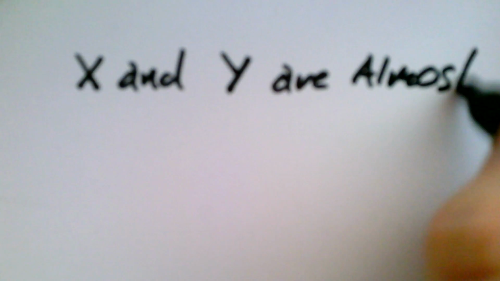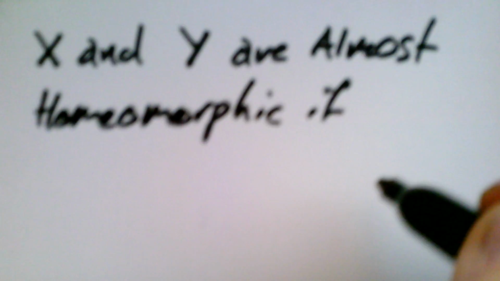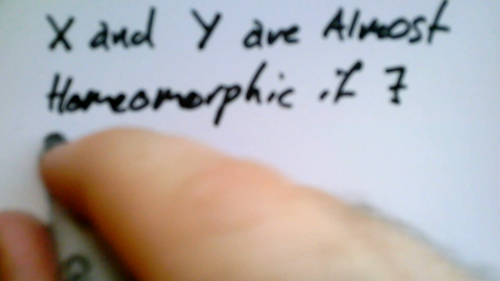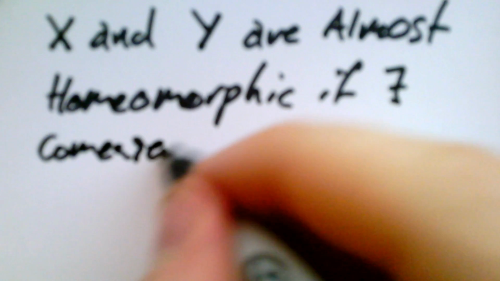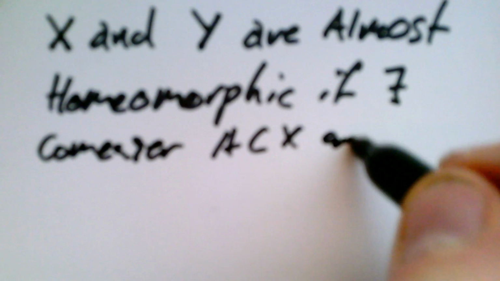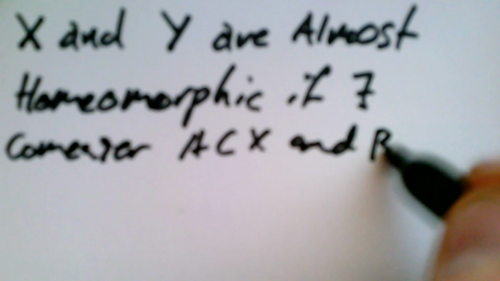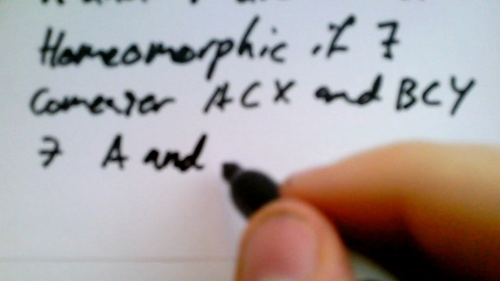Okay, so X and Y, these are both topological spaces, are almost homeomorphic if there exist co-meager A in X and B in Y such that A and B are homeomorphic.